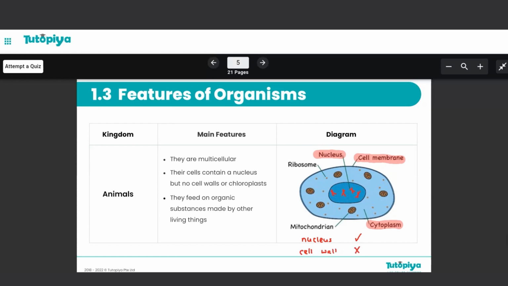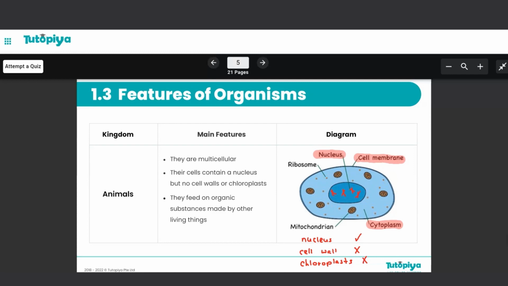There's this organelle, this structure called the cell wall, which is present in some cells. So it's important to note that animal cells do not have cell walls. And also with regard to the organelle called chloroplasts, if you take a look at this animal cell, you can see that there's no such thing as chloroplasts. That's because animal cells do not have chloroplasts.